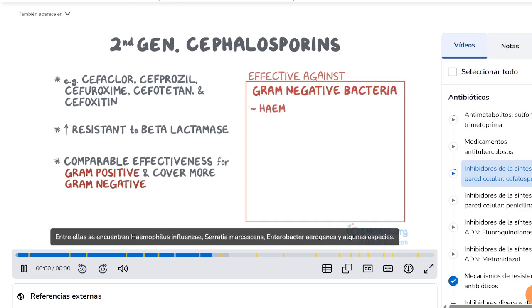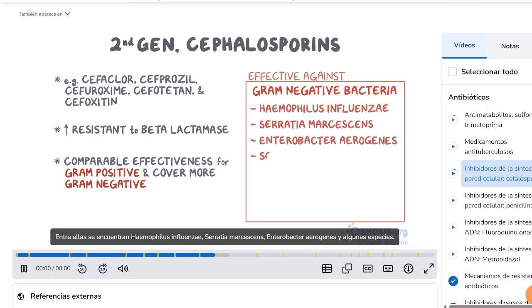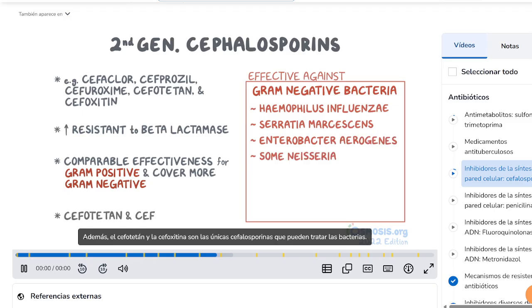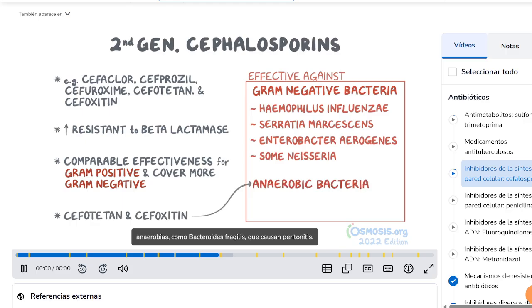These include Haemophilus influenzae, Serratia marcescens, Enterobacter aerogenes, and some Neisseria species. In addition, cefotetan and cefoxitin are the only cephalosporins that can treat anaerobic bacteria like Bacteroides fragilis, which causes peritonitis.